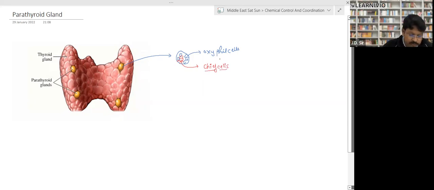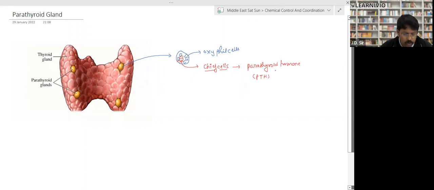So what is the function of these cells? Chief cells are meant for the secretion of parathyroid hormone, PTH. In short, we call it PTH, parathyroid hormone.